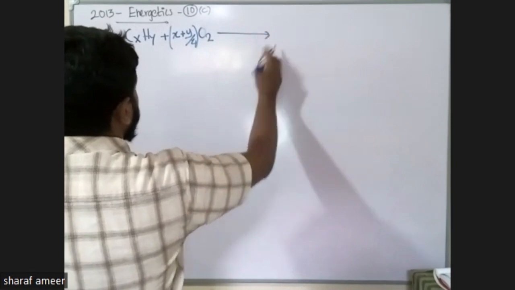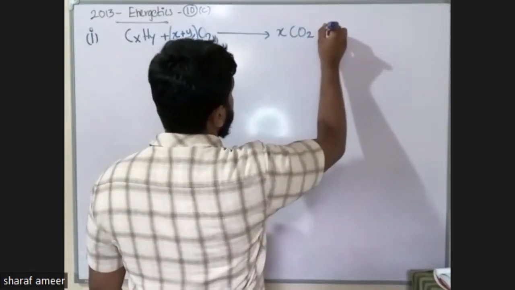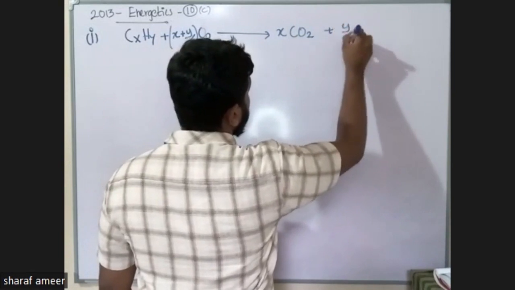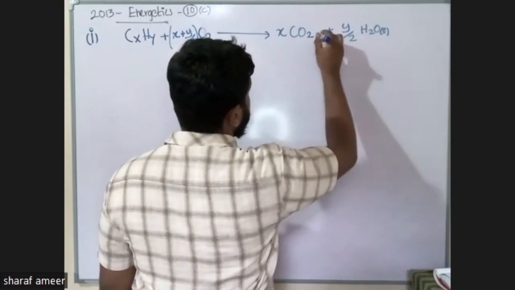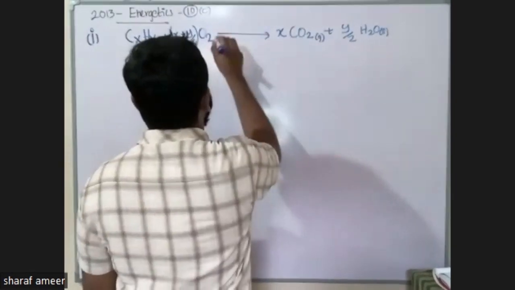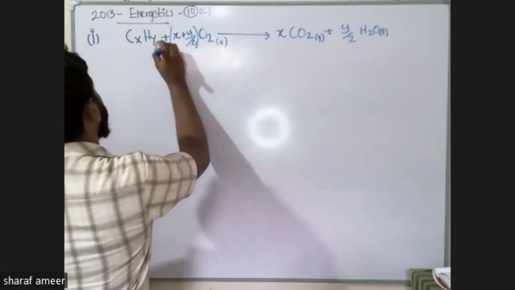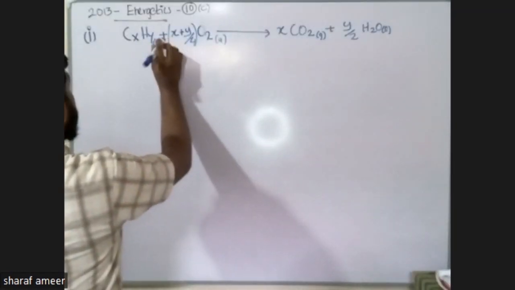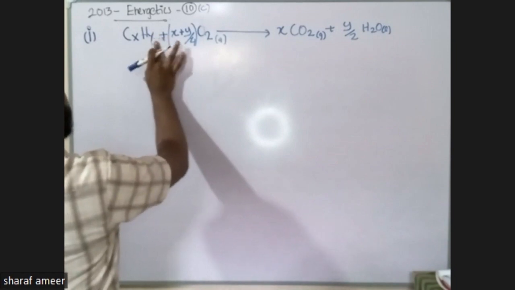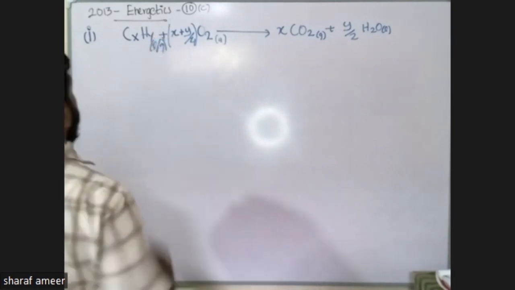It reacts with O2 to give x moles of CO2 and y by 2 moles of H2O. The CxHy is going to be in gas, the O2 is also going to be in gas, and the CO2 is also going to be in gas. The water can be liquid or gas.